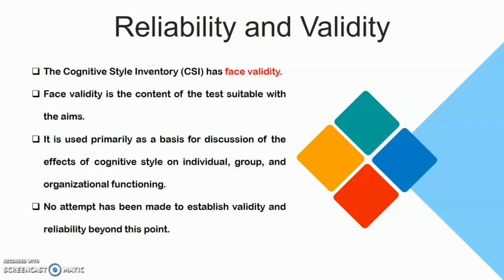Means that the aim and the content in this inventory match. Next, it is used primarily as a basis for discussion of the effects of cognitive style on individual, group, and organizational functioning. Then, no attempt has been made to establish validity and reliability beyond this point.